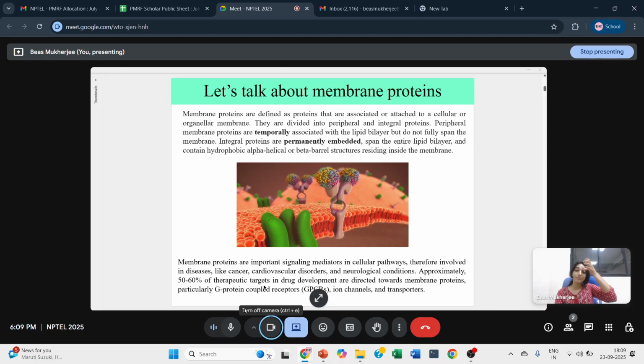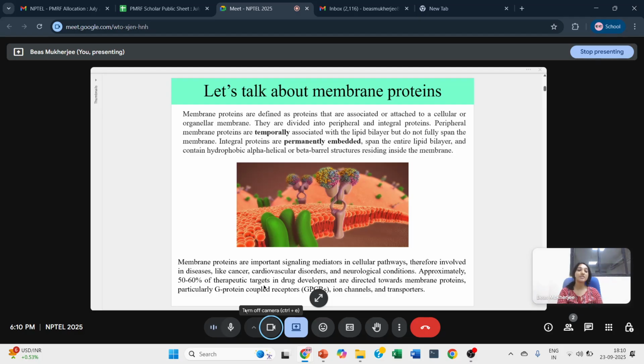Membrane proteins are important signaling mediators in cellular pathways and therefore are involved in diseases like cancer, cardiovascular diseases, and neurological conditions. Approximately 50 to 60% of targeted therapeutics are these membrane proteins, particularly the G protein coupled receptors.